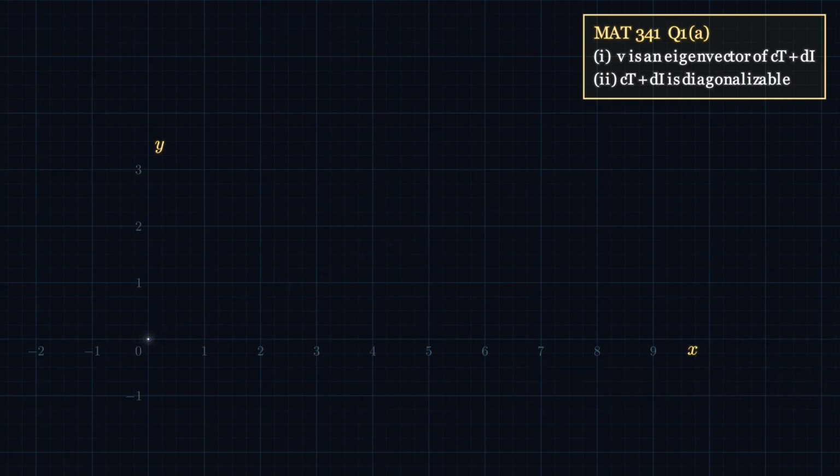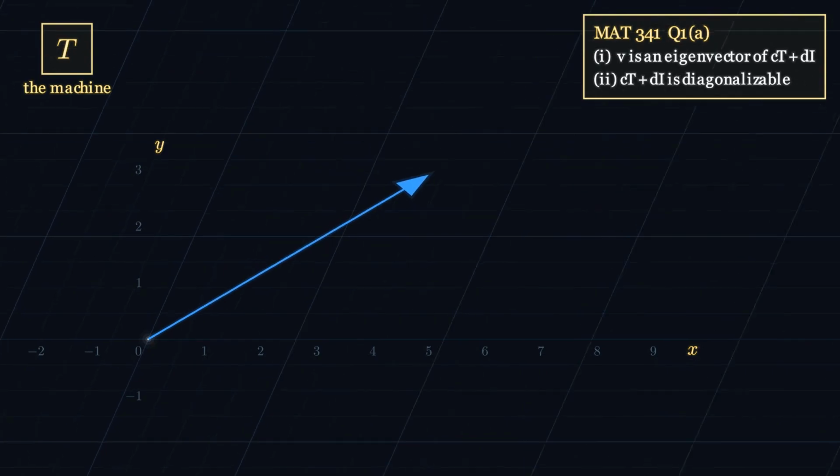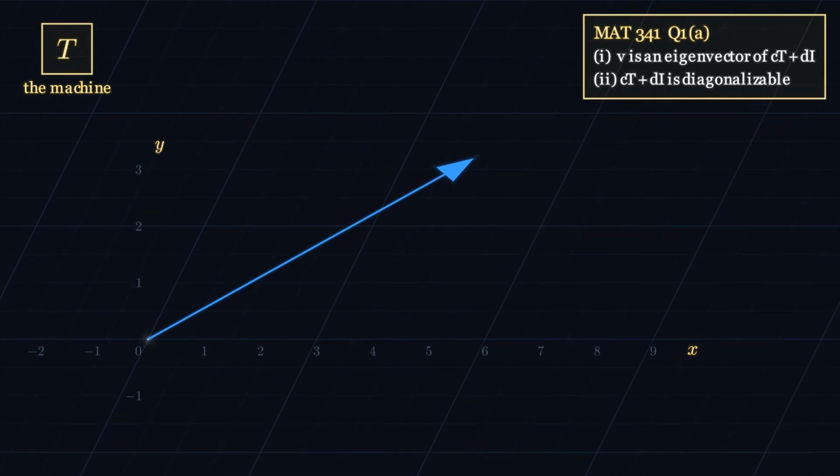Now the second character, the matrix. Forget the grid of numbers for a moment. A matrix is a machine. You feed it an arrow and it hands you back a new arrow. One machine, applied to the whole plane at once, moves every arrow simultaneously. It stretches space, squeezes it, shears it, rotates it.